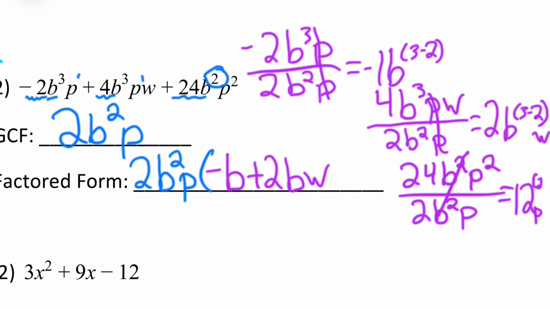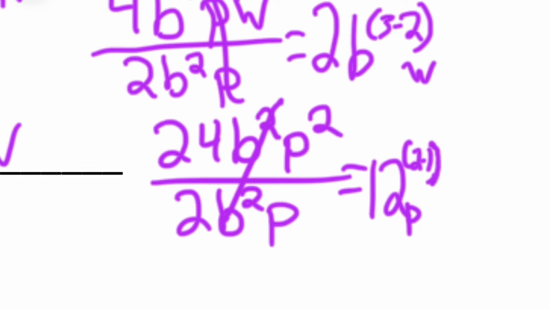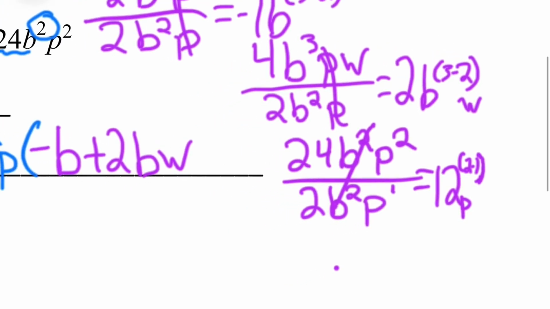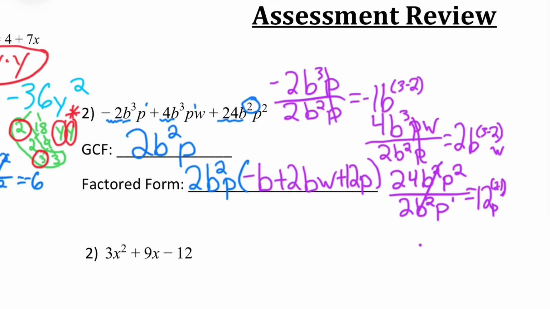We're left with p to the 2 minus 1, or 12 times p raised to the 2 minus 1 because of the understood 1 in the exponent, and we're dividing. So in our factored form, we have positive 12p. And that creates our factored form for number 2.